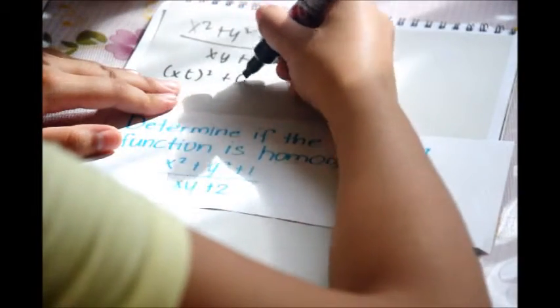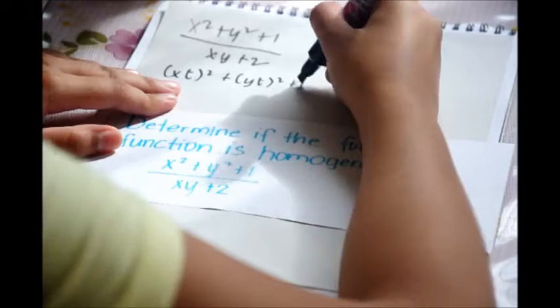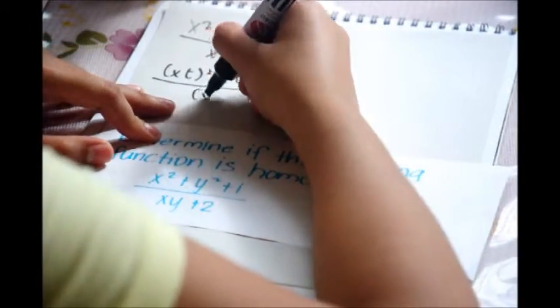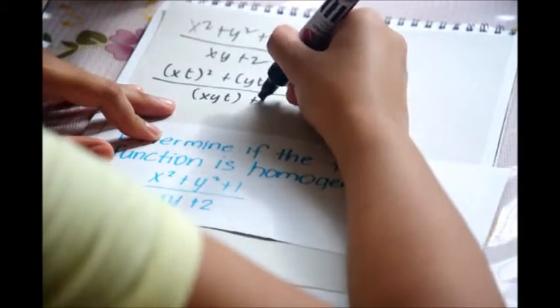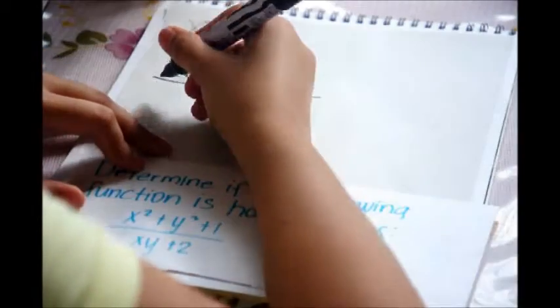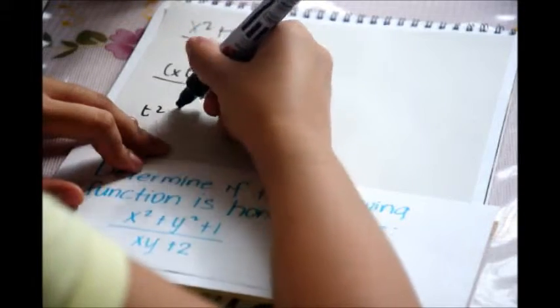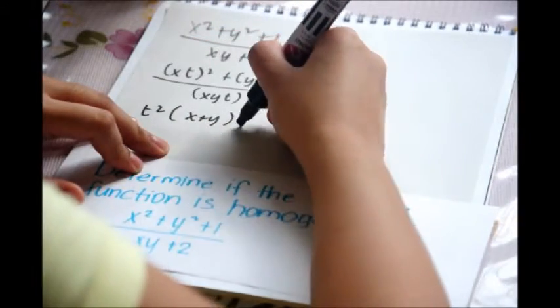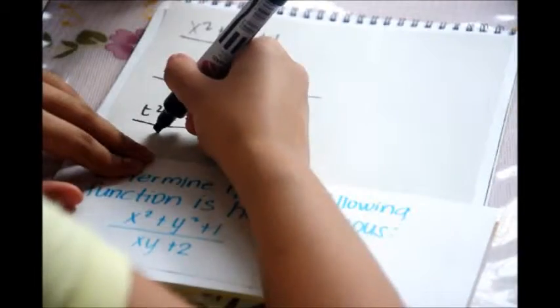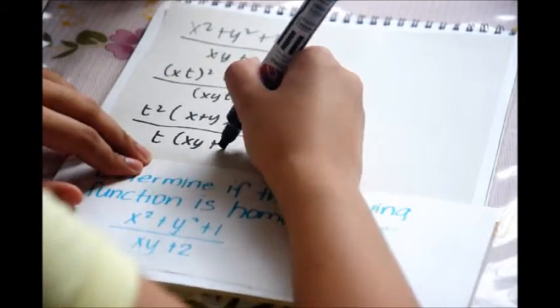Now, let's determine if it's homogeneous. So let's multiply p on both the numerator and the denominator. So it becomes xp squared plus yp squared plus 1, over xyp plus 2p. Now it's p squared times x squared plus y squared plus 1, over p times xy plus 2.